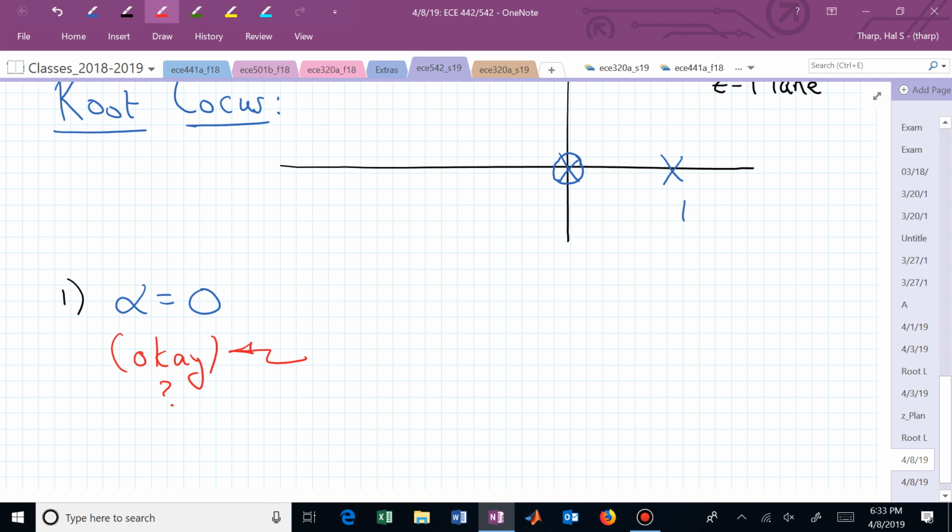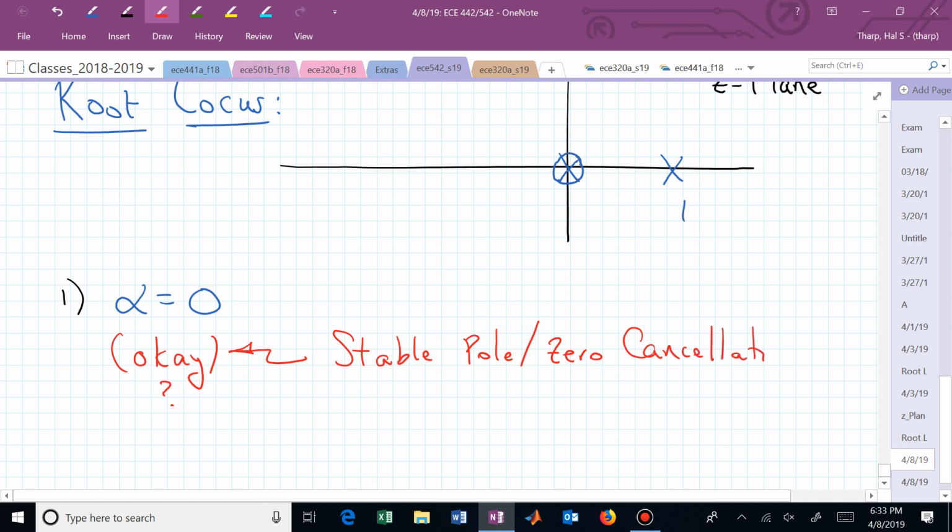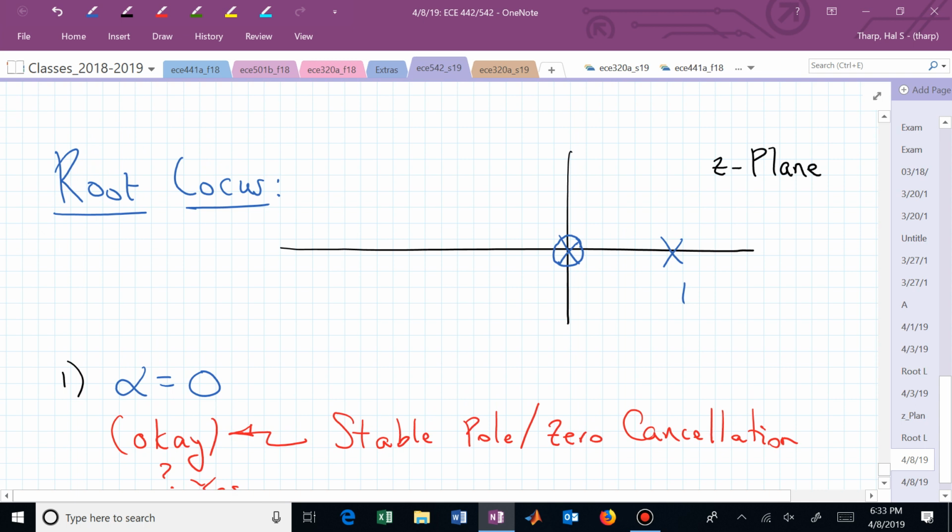So this is now a stable pole zero cancellation. And the answer is yes, it is okay. What's the root locus look like for this choice?